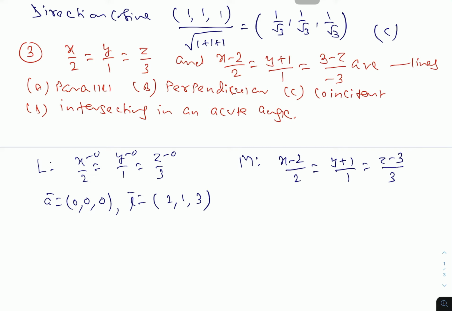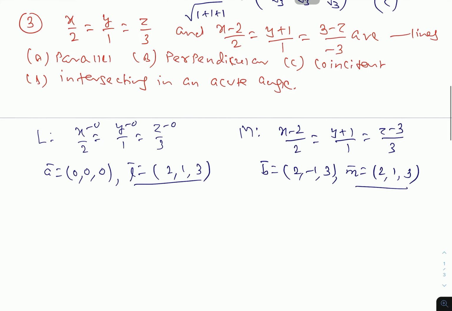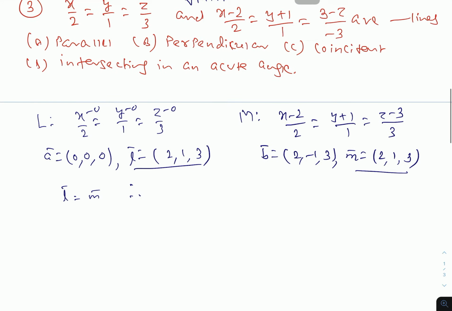There we are having b bar as 2 minus 1 3, and direction m bar 2 1 3. So here we can see that the directions L bar and m bar are the same. Therefore the lines are either coincident or parallel.